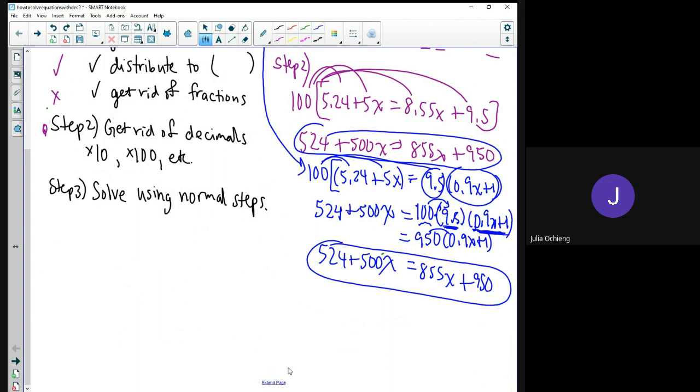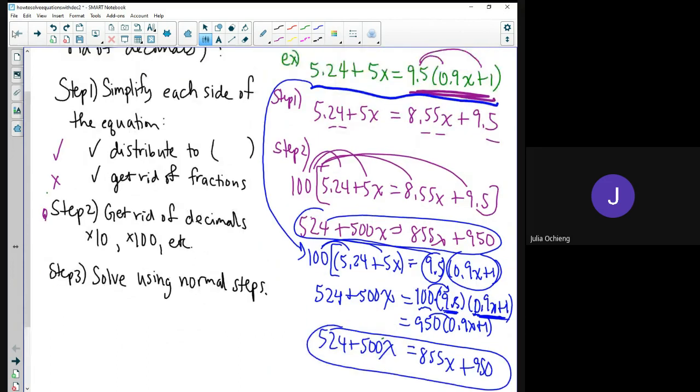Okay, let's go ahead and do another example. Let's do one with fractions.